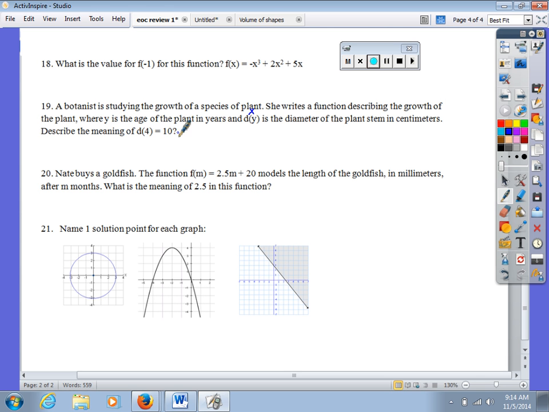So this would be x, which would be the diameter of the plant stem in centimeters, and this is going to be the age of the plant in years. So your answer would be, at 10 years, the plant is 4 centimeters. You don't have to say high or wide.